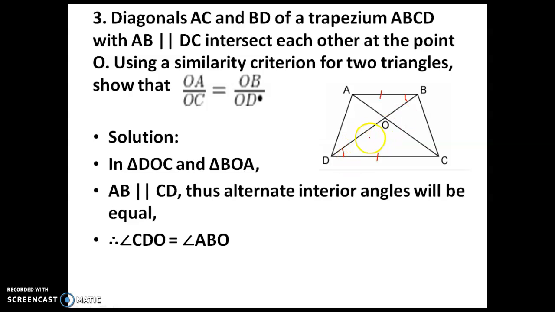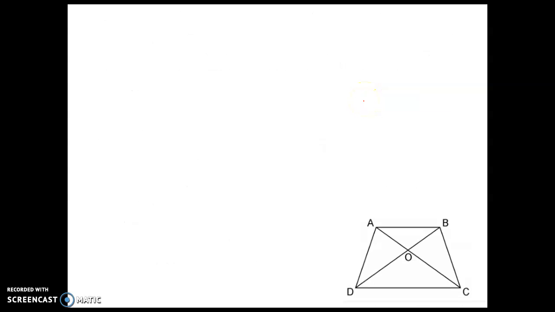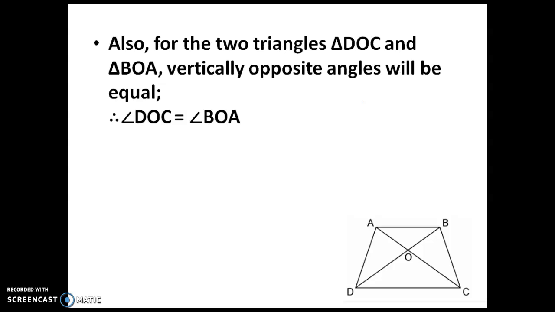That's why I have marked them equal. Similarly, these two angles, DCO and this angle, will also be equal. For the two triangles DOC and BOA, vertically opposite angles will also be equal.